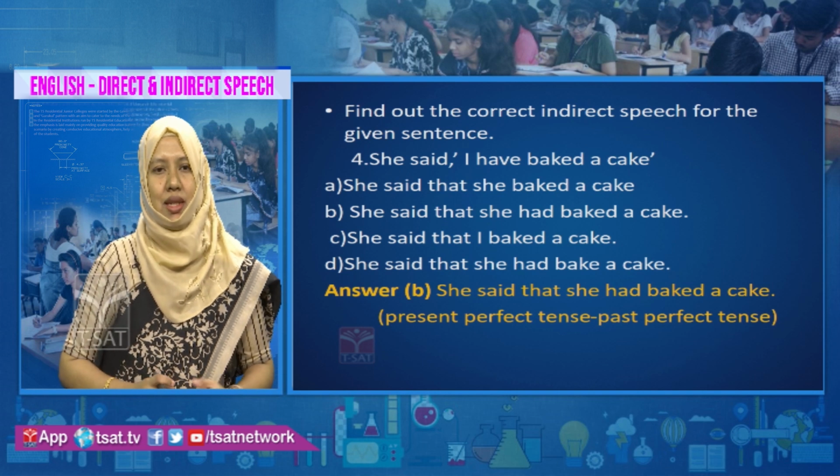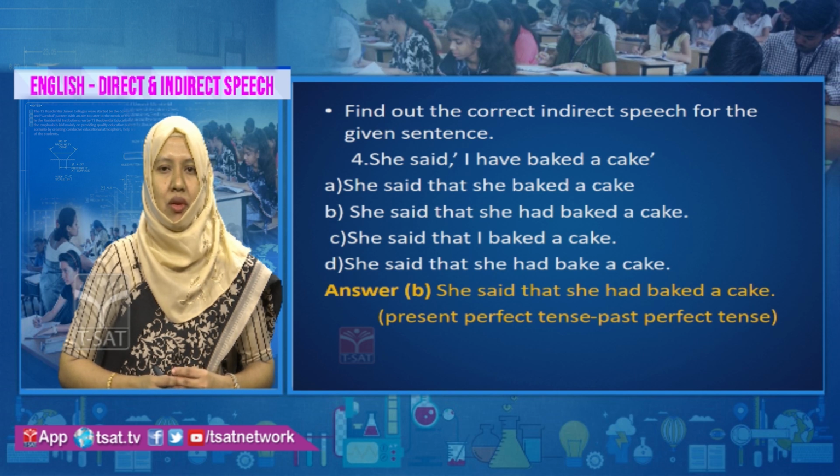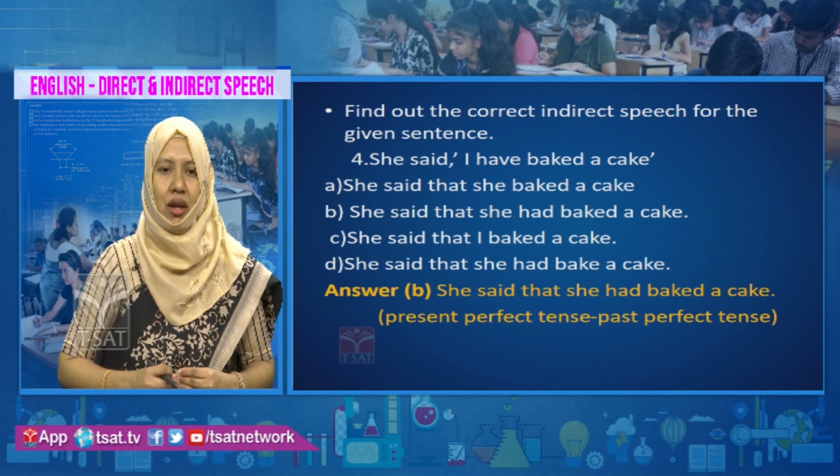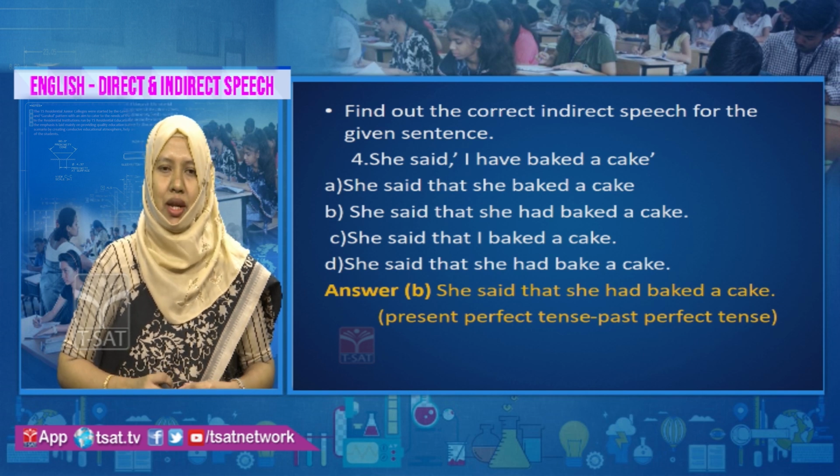Let us look at the next example. Find out the correct indirect speech for the given sentences. Out of 4 options, you have to find any one indirect speech. She said, "I have baked a cake." Now, option A, she said that she baked a cake. Option B, she said that she had baked a cake.